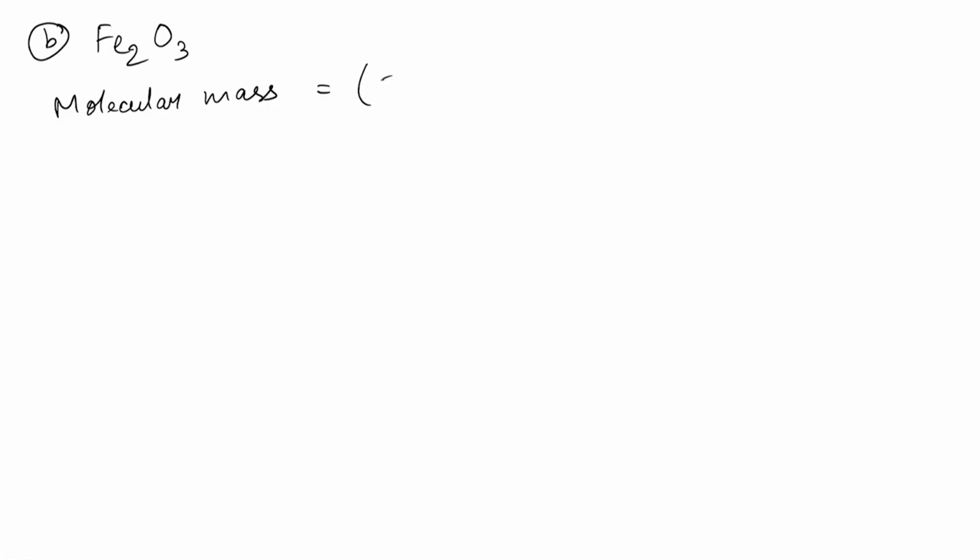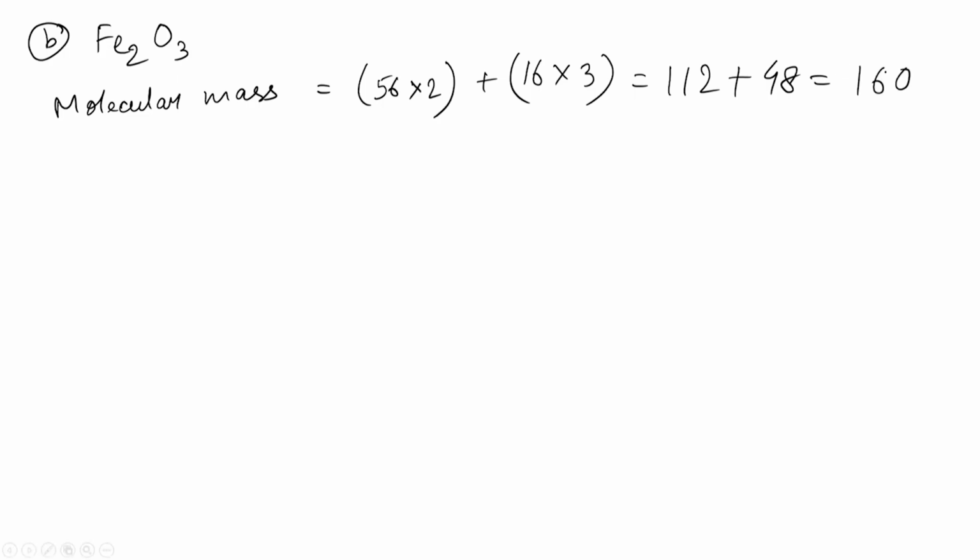Mass of iron is 56 into 2 plus mass of oxygen into 3, so 16 into 3. This is equal to 160.